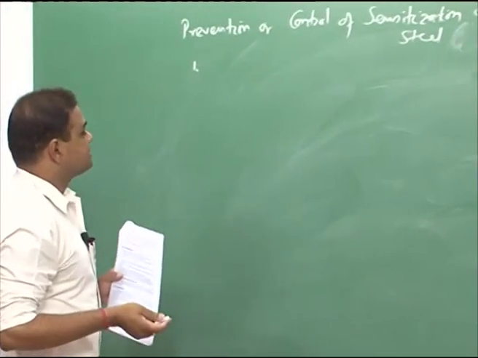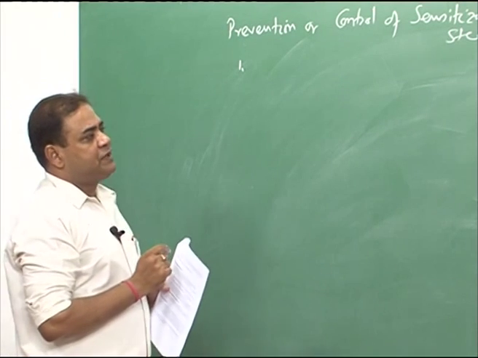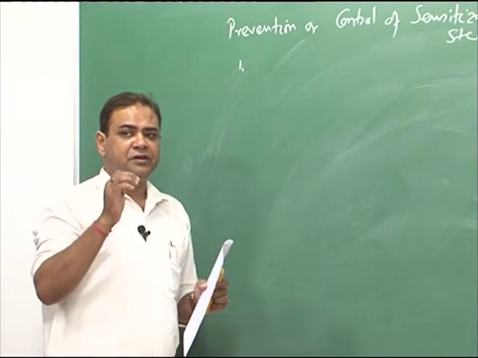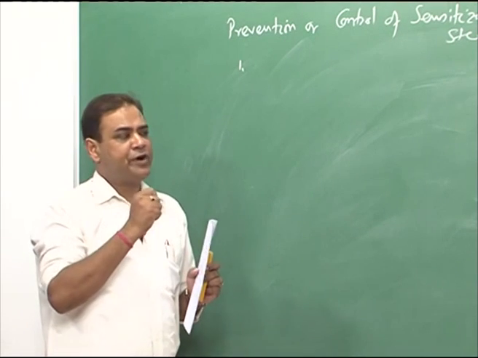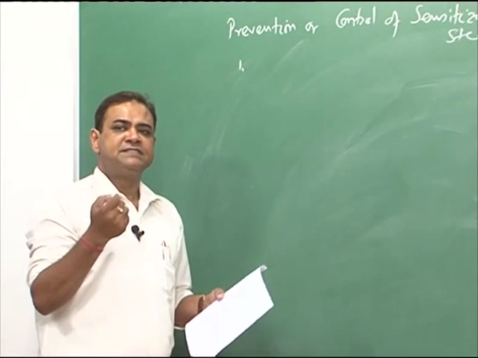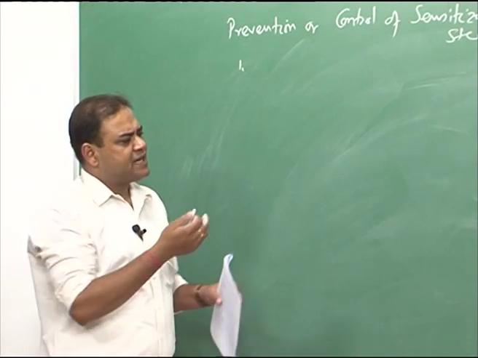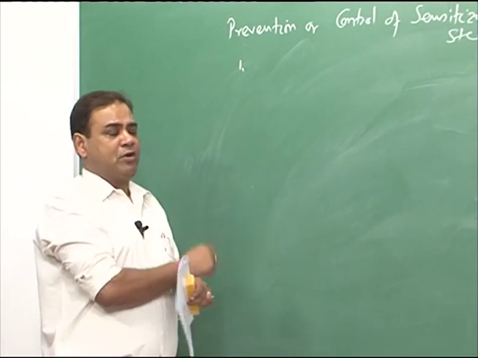So, the first process is, since we have seen that if we can decrease the carbon content in stainless steel to less than 0.02%, we will not have any problem of sensitization. And sensitization is related to the chromium carbide precipitation along the grain boundary.